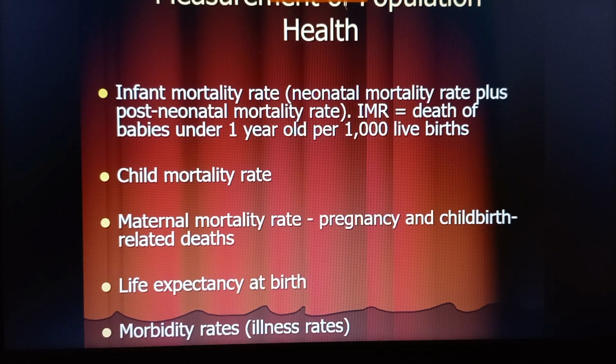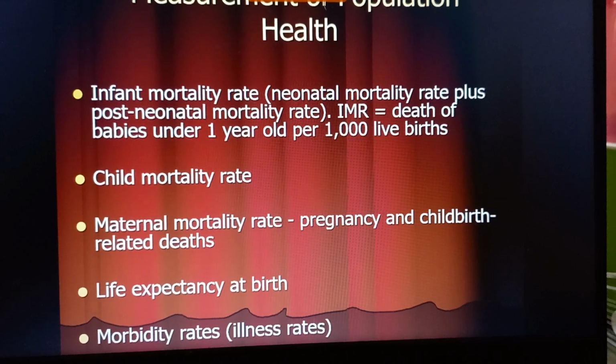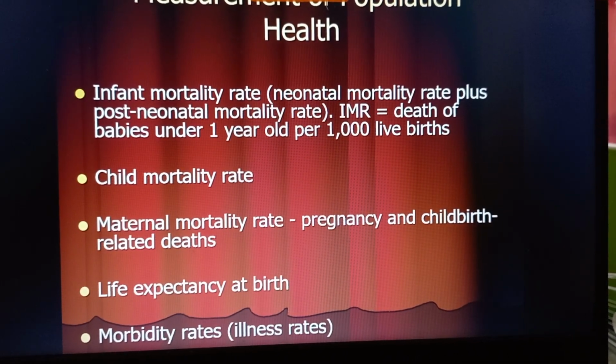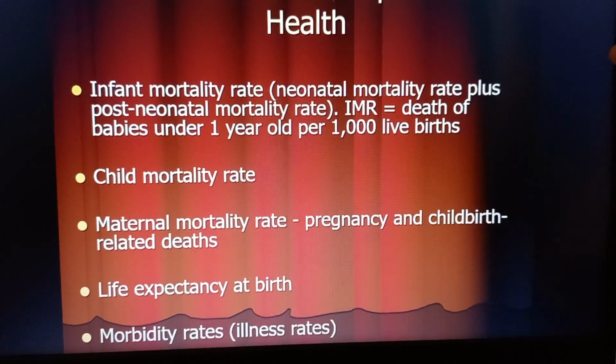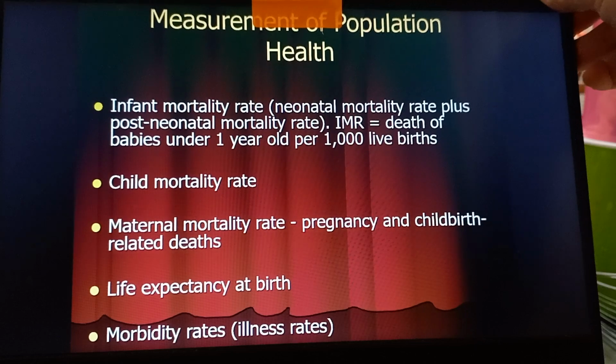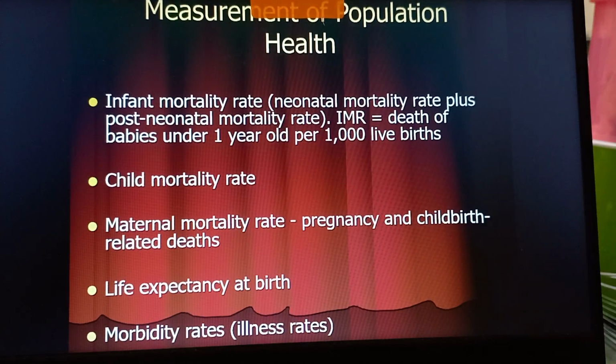Measurement of population health. The health of population can be measured through the infant mortality rate, right? Infant mortality rate. The infant mortality rate is the deaths of babies under 1 year old per 1,000 live births, right?